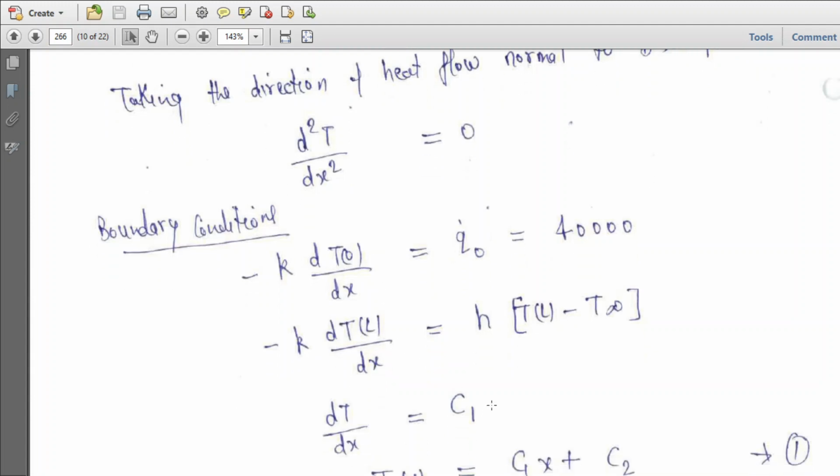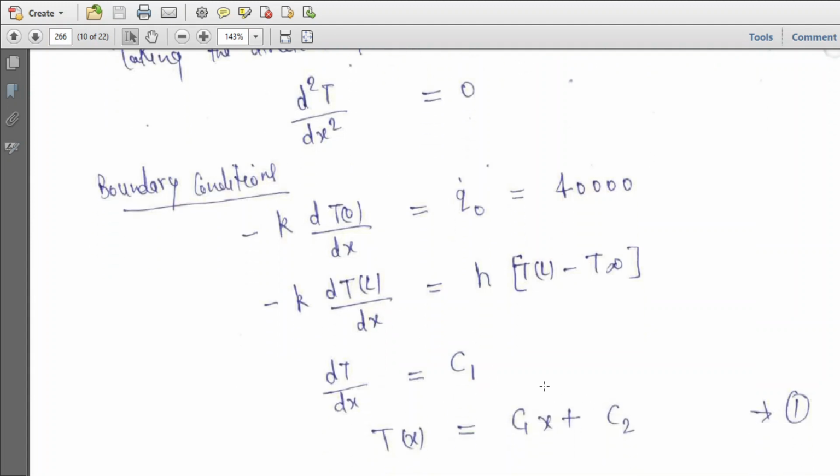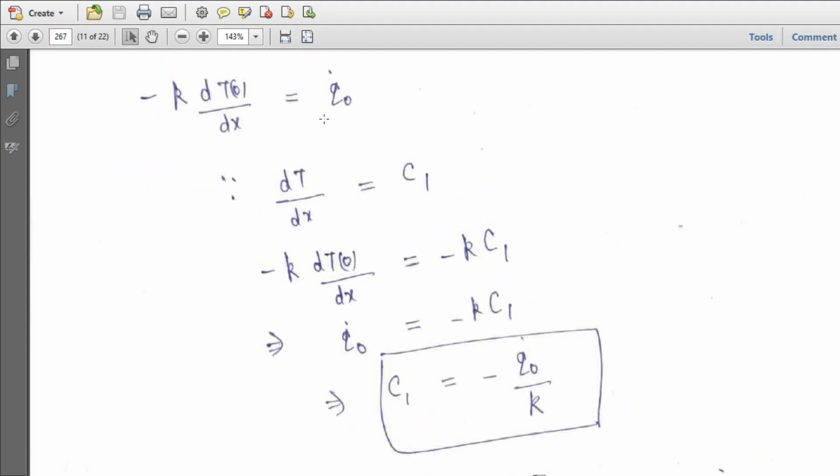So we can integrate that, you will get C1, then integrate again, C2. At x equal to 0, dT upon dx should be equal to C1.